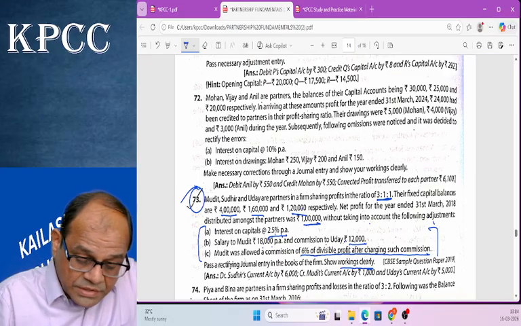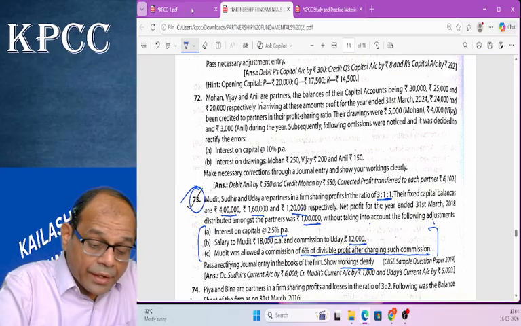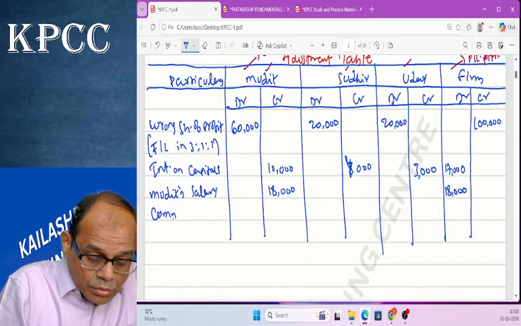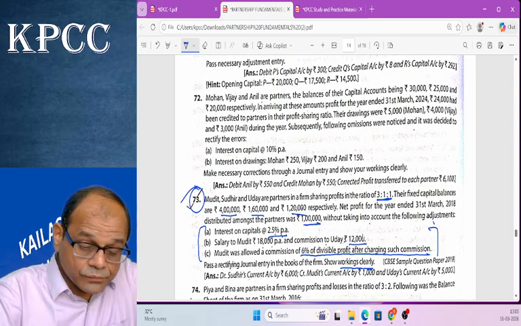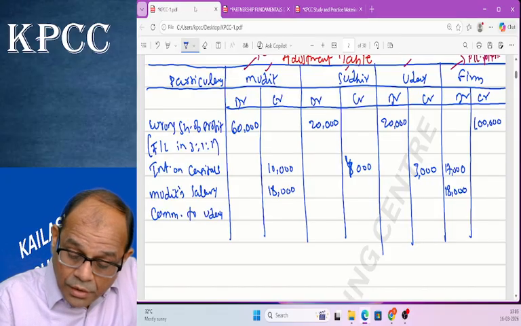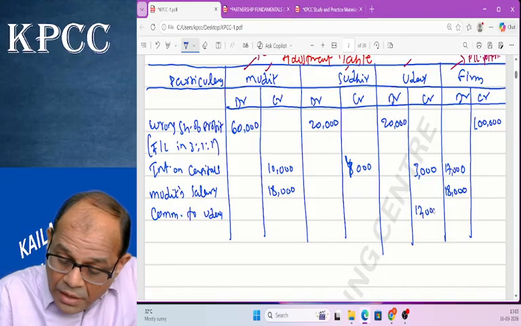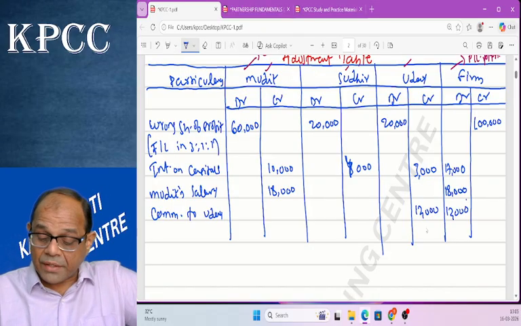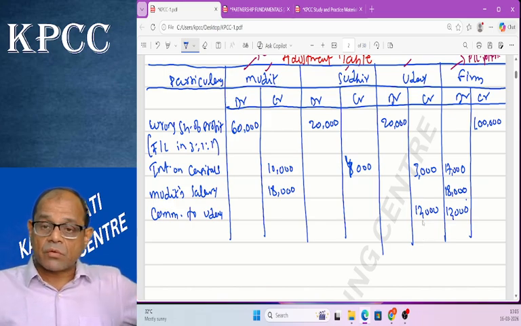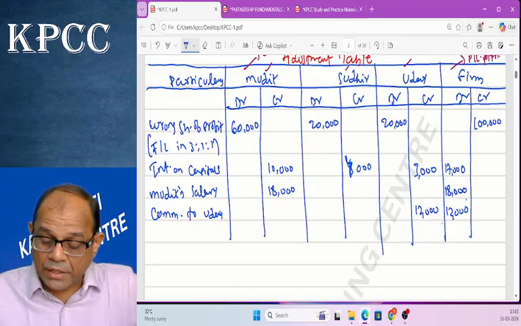Then after Mudit's salary, commission to Uday. How much commission to Uday? 12,000. Commission to Uday, 12,000 credit, and because it comes in the appropriation account debit side, that's why we wrote in the firm column debit. Again, it goes to the partner's capital account credit side. So we wrote Uday credit.